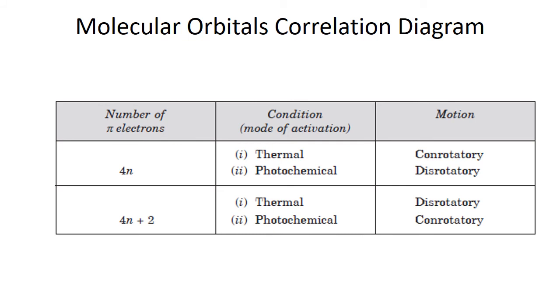But if we compare it to the 4n plus 2 type of system, 4n could be 0, and in case of zero we talk about something like an ethylene kind of system.